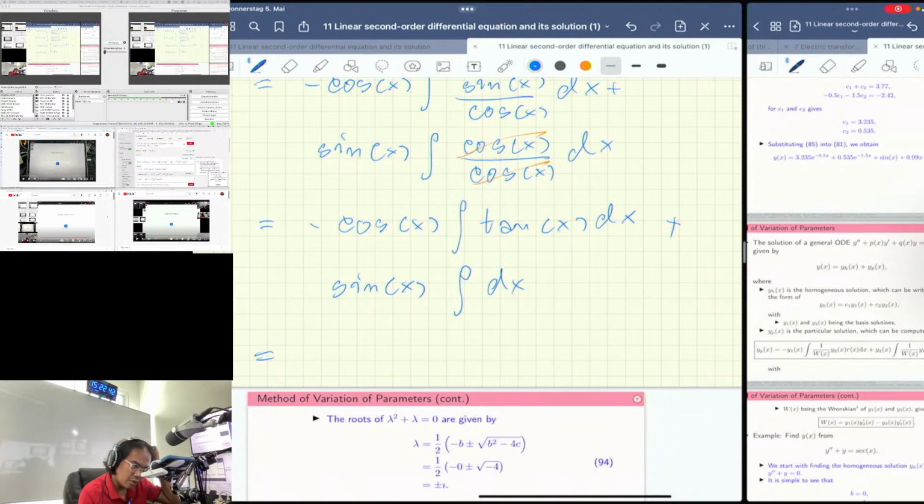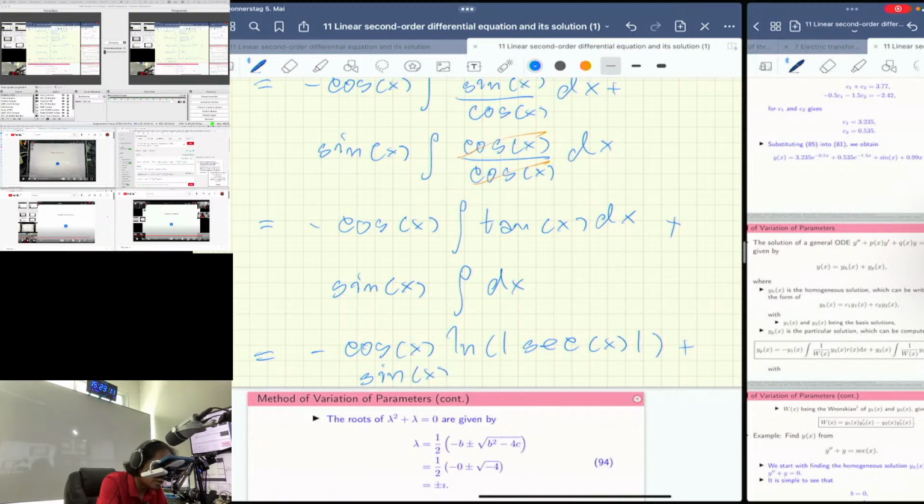Integration of tan, what is that? Integration of tan will be ln of the absolute secant, right? The natural logarithm of the absolute value of the cosine is secant, right? And plus sine x times x right here, right?